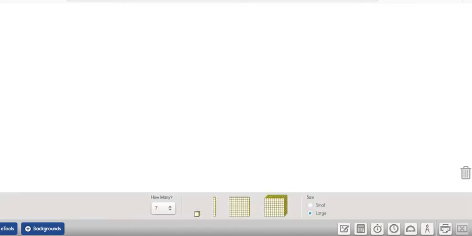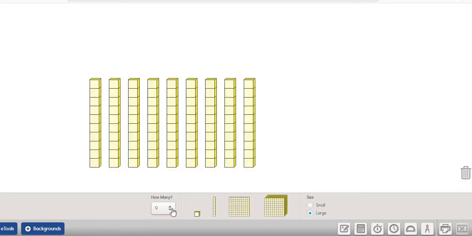Now let's model the problem using base 10 blocks. There are 97 streets named by numbers. So we will add 9 tens, here they are, and 7 ones, here they are. This is the first number.